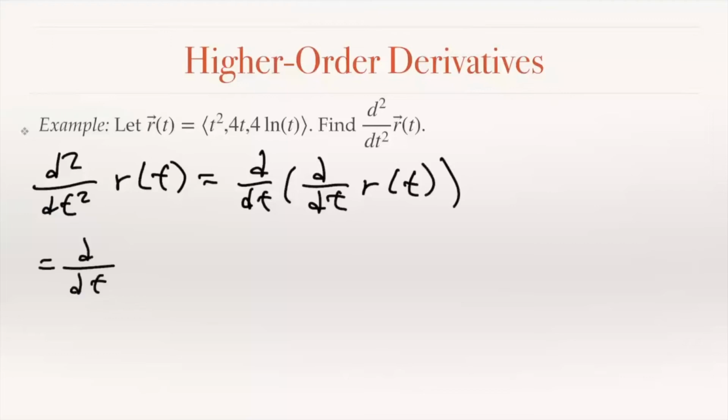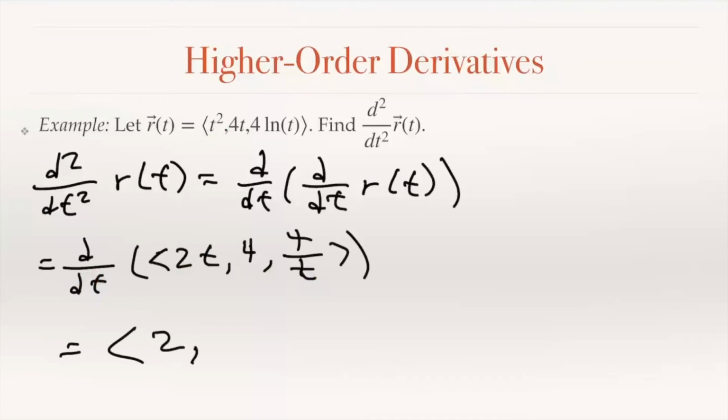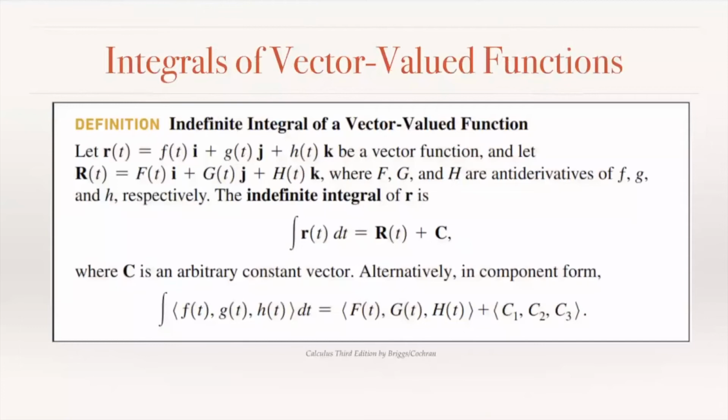Okay, d dt of r of t is 2t for 4 over t, derivative of each component. And now we take the derivative of each component again. And we have 2, 0, negative 4 over t squared. So that's derivatives of vector valued functions.